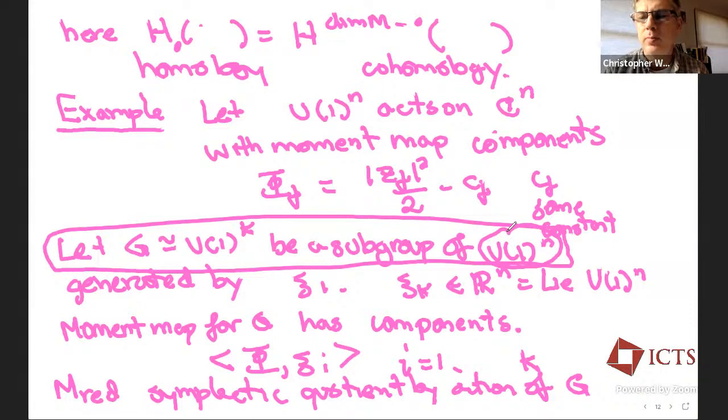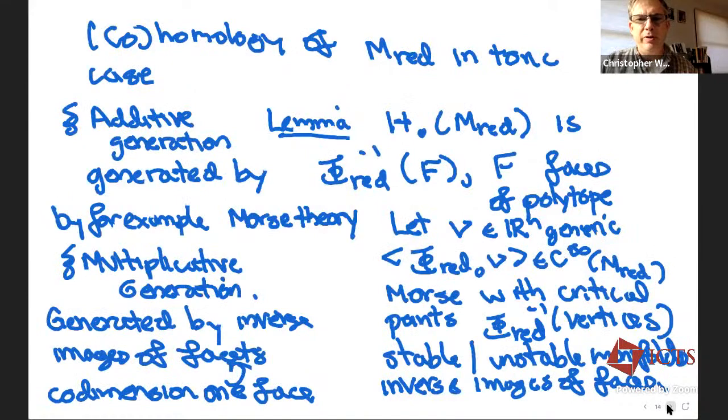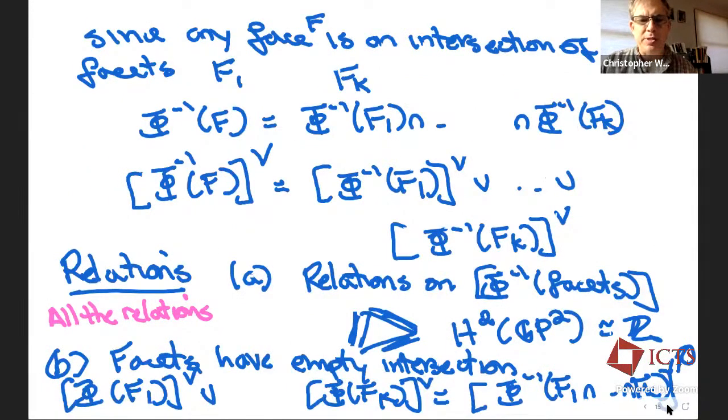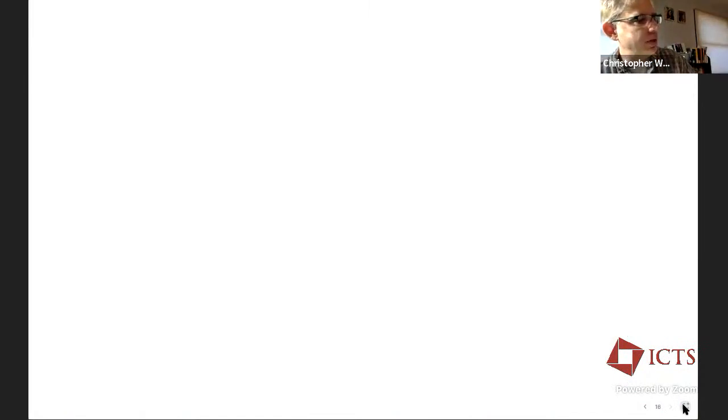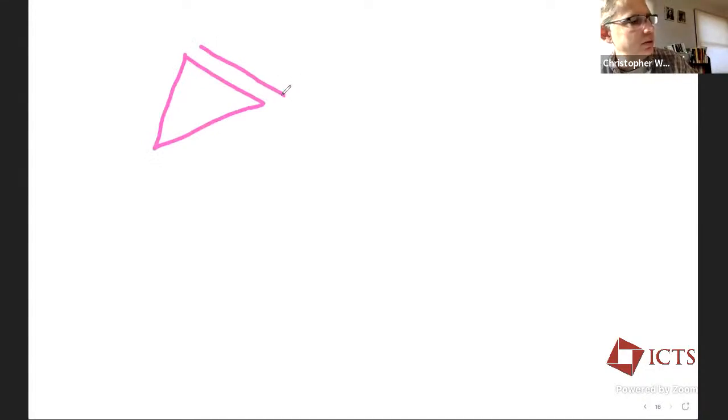Ritwik has a question in the chat. In example A, right. Yeah, that's exactly right. So we're thinking of the multiplicative generators as the facets. In particular, if you did this computation for CP2, I could represent L by this line, but I could also equally well represent L by this line.